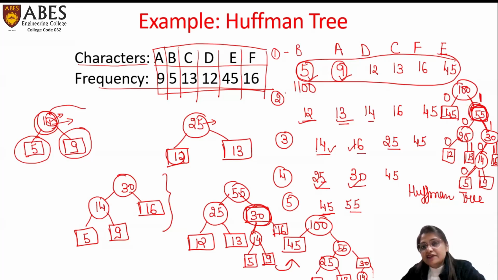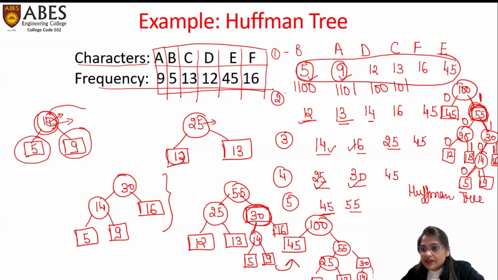For 9, which is character A's frequency, the path to be followed will be 1, 1, 0, 1. For D, which is 12, the path followed will be 1, 0, 0. For 13, which is C, that will be 1, 0, 1.